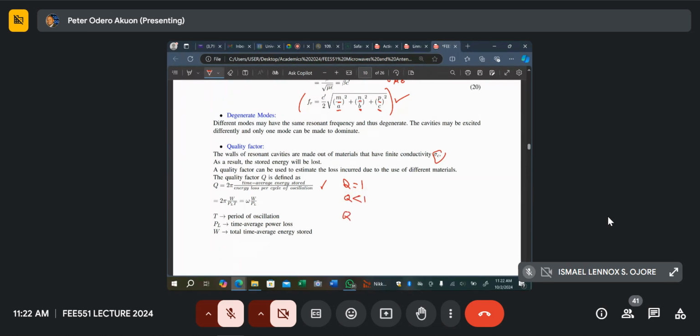Do you think there's a scenario where it is much more than 1? Or is it possible to have a 0 quality factor? Somebody can attempt any that you understand better, or all. Which scenario is realistic from that definition?